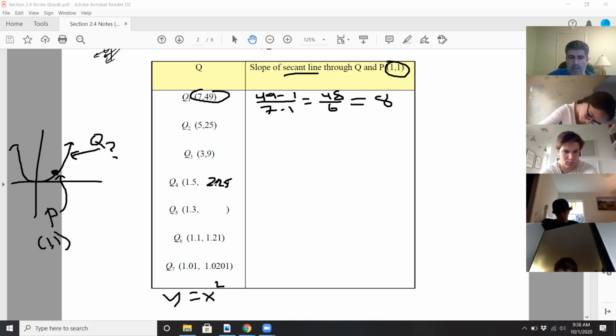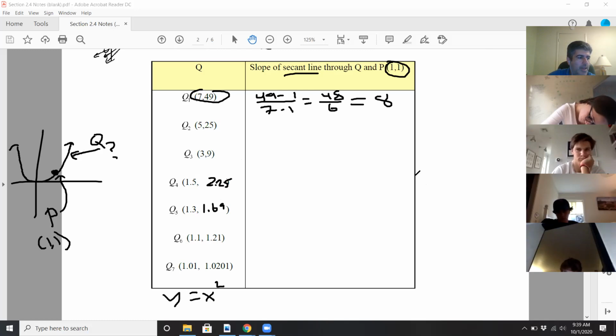If you plug in 1.5, you get 2.25. If you plug in 1.3 for x, you get 1.69. If you plug in 1.1, you get 1.21. Plug in 1.01, you get 1.0201. Just use the calculator. So what I want you to do now is calculate 6 more slopes. The slope between 5, 25 and 1, 1, the slope between 3, 9 and 1, 1, the slope between 1.5, 2.25 and 1, 1, 1.3, 1.69 and 1, 1, and so forth.